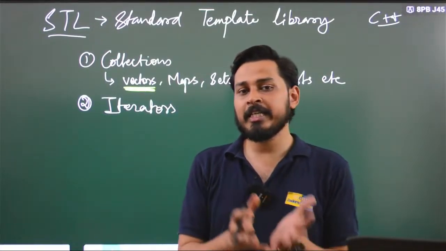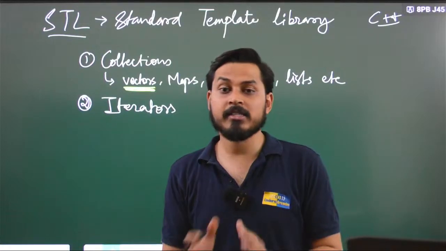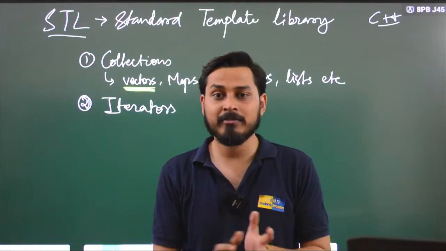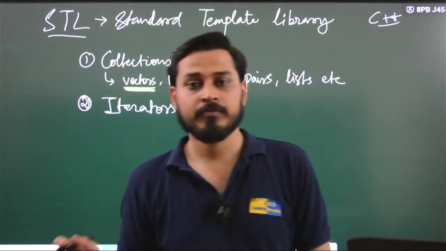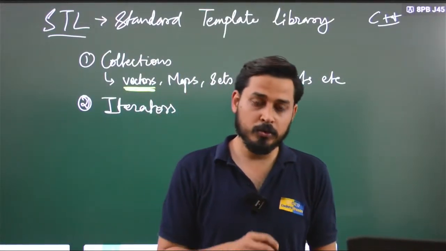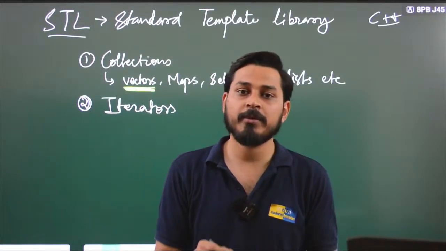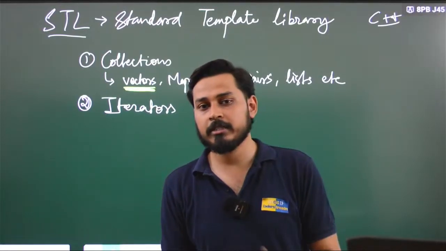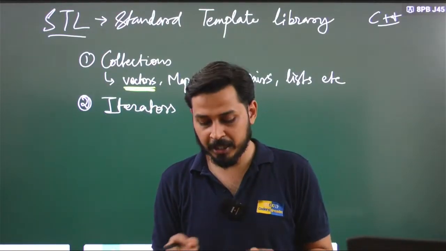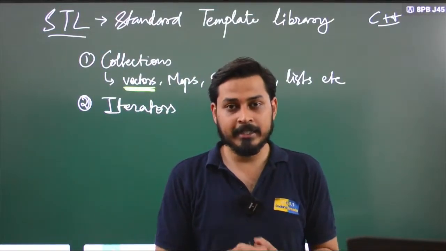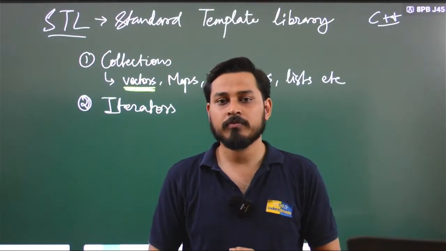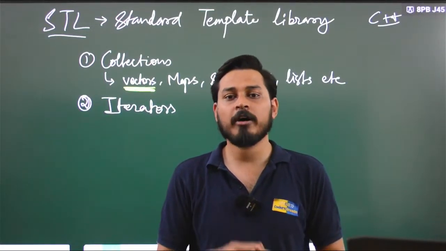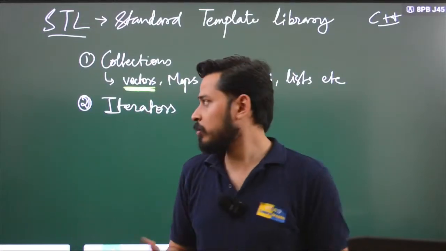We also call them iterative statements. We use this word called iteration. That means someone who travels through a particular looping statement in programming. This is the meaning of iterator. An iterator is someone who travels in a particular collection using a for loop or a while loop or any type of loop.